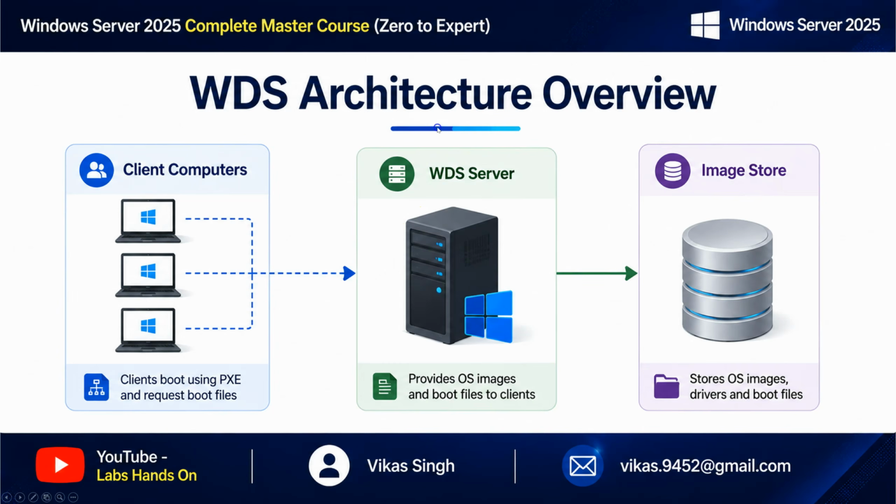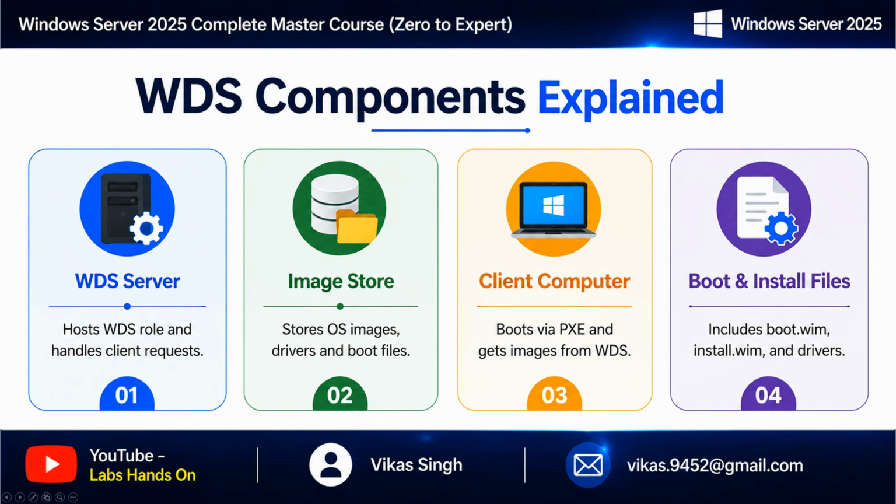So now let's understand the components of the Windows Deployment Service or WDS. So the first component is the WDS server. This is the control server that basically hosts the WDS role and responds to the deployment requests from the client machines.